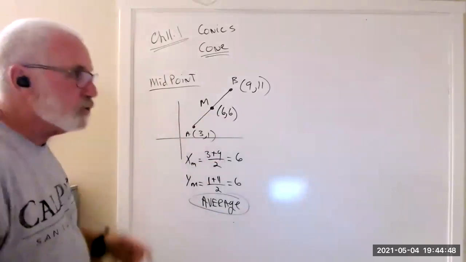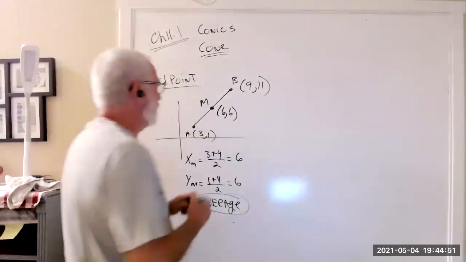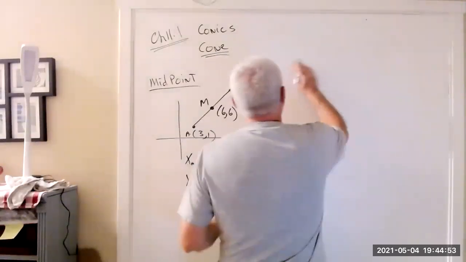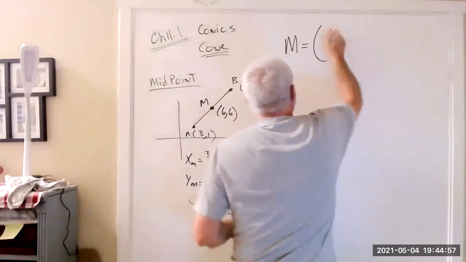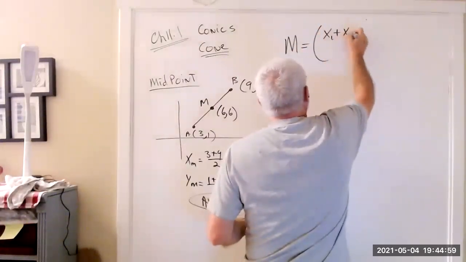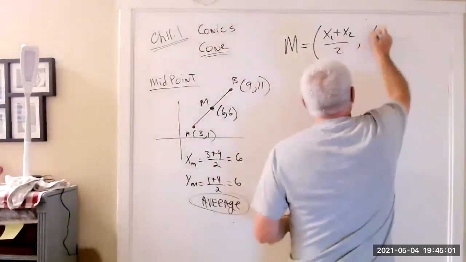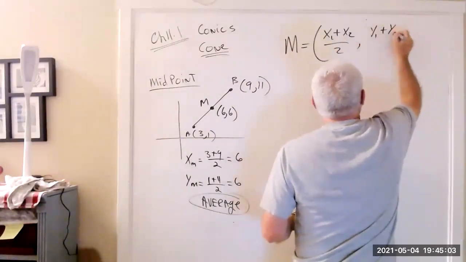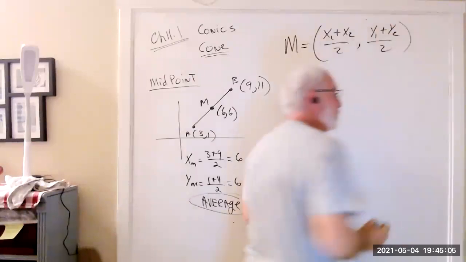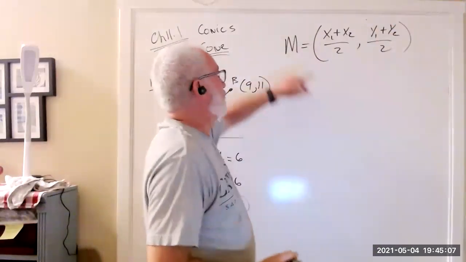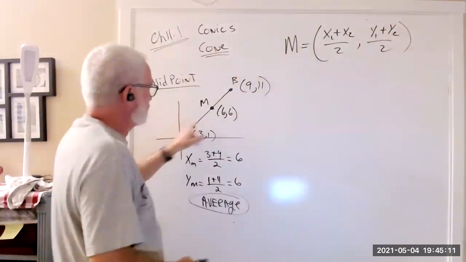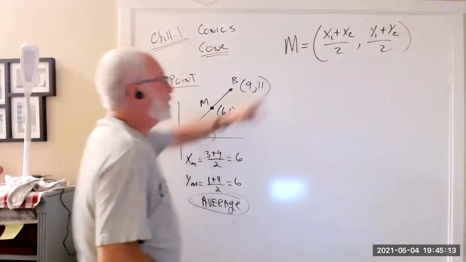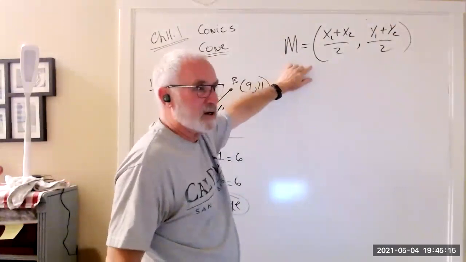Now, to confuse you, when you go read a math text and look for the midpoint, or Google the midpoint of a segment, you're going to find a formula that looks pretty much like that.